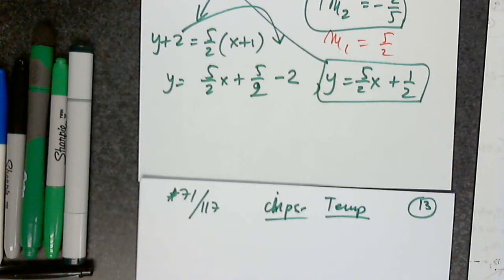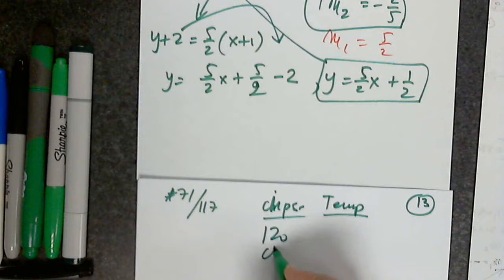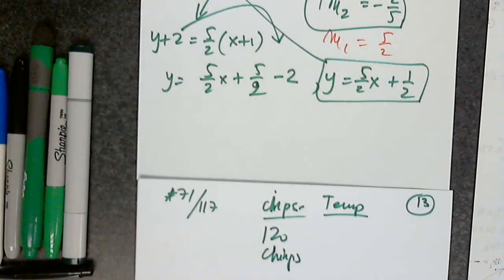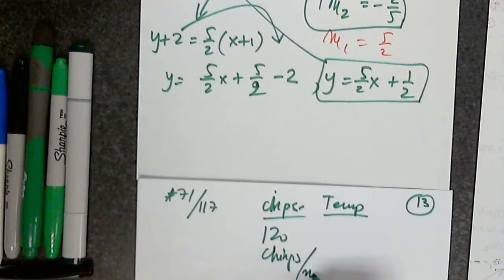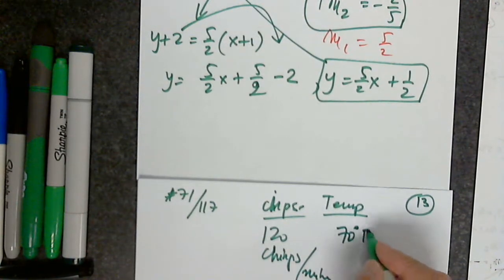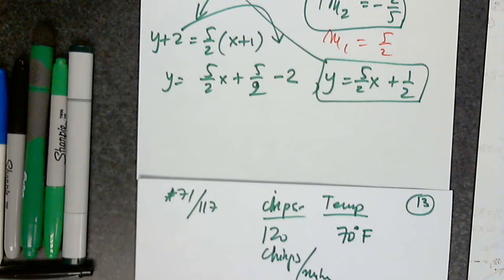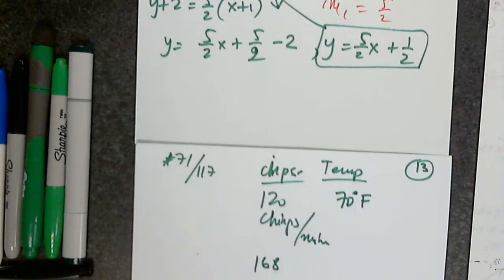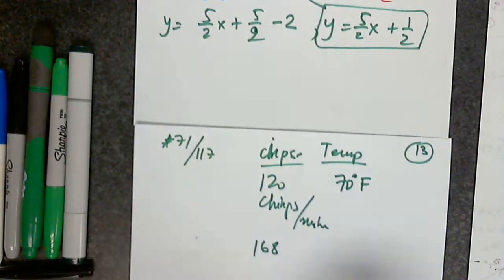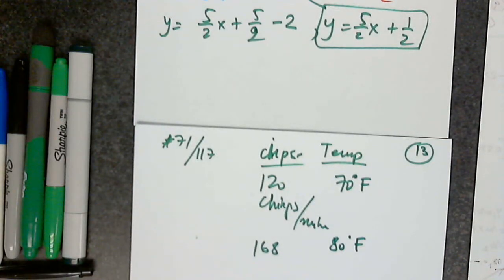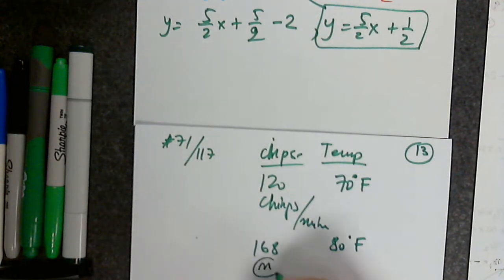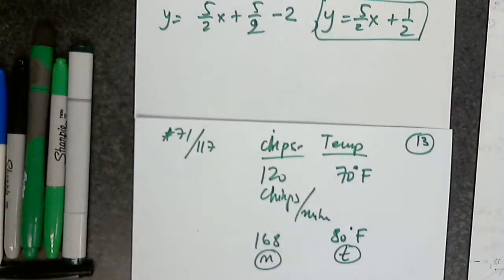A cricket produces 120 chirps per minute, measurement unit, at 70 degrees Fahrenheit, and 168 per minute at 80 degrees Fahrenheit. Find the linear equation that relates the temperature and the number of chirps per minute. So they give us n, lowercase n, and lowercase t.